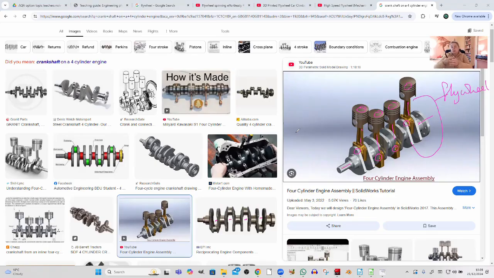So for each piston, you get 1 power stroke every 2 rotations. So effectively, because there are 4 pistons, you get 2 power strokes per rotation. Okay, so 2 of those pistons will be pushing it, and they push at different times. So the timing of an engine is really important.